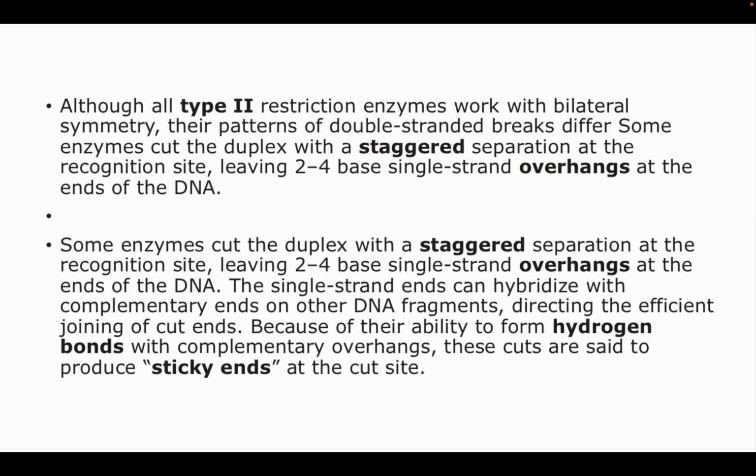Although type 2 restriction enzymes work with bilateral symmetry, their patterns of double-stranded breaks differ, and some enzymes cut the duplex with staggered separation, which is also what we call overhangs. So it's not all the time that type 2 will create blunt ends. You can have the staggered, overhangs, or sticky ends.